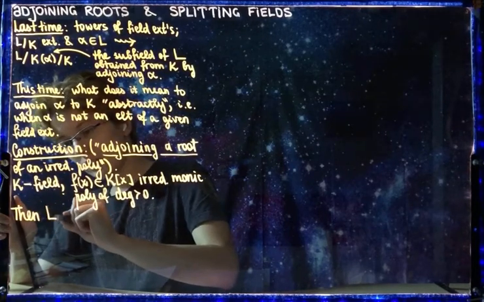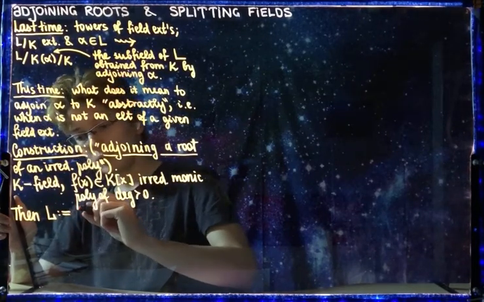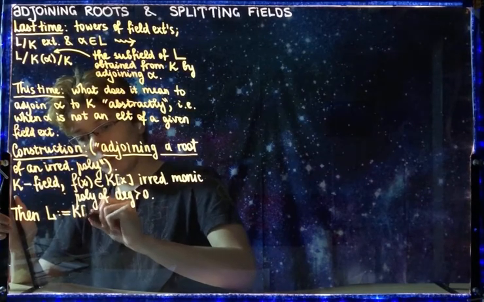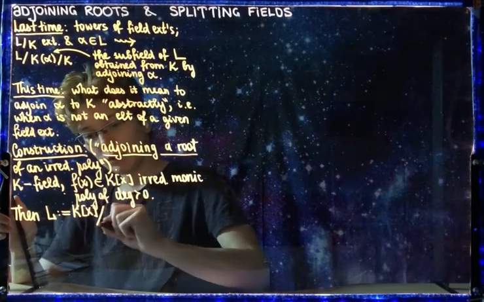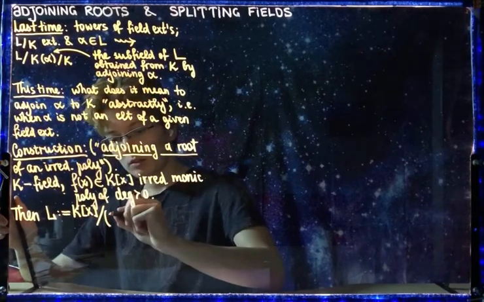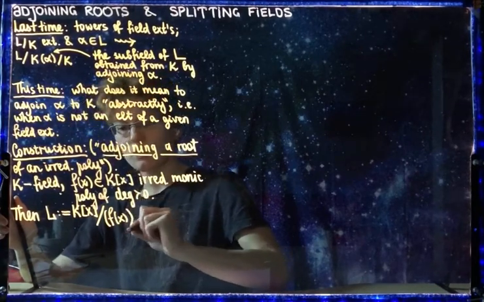Then we take the quotient ring, which I denote by L, the quotient ring of the ring of polynomials over K, quotient out by f of x.